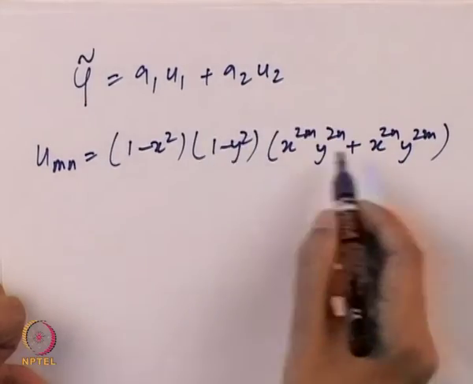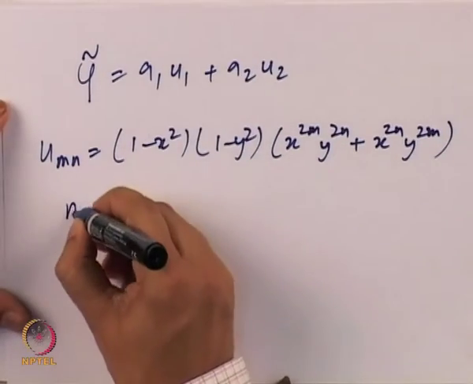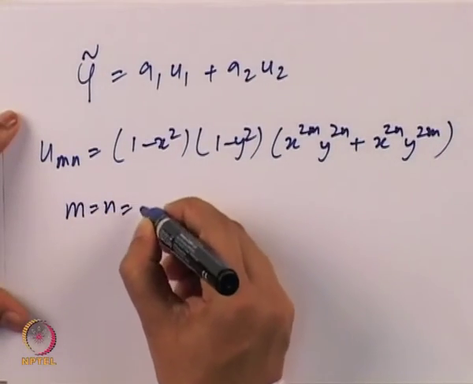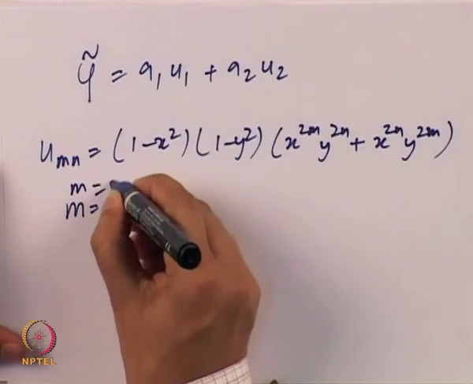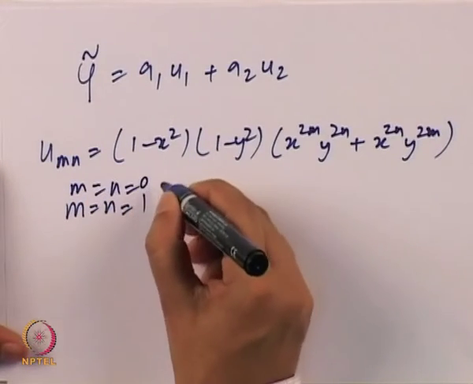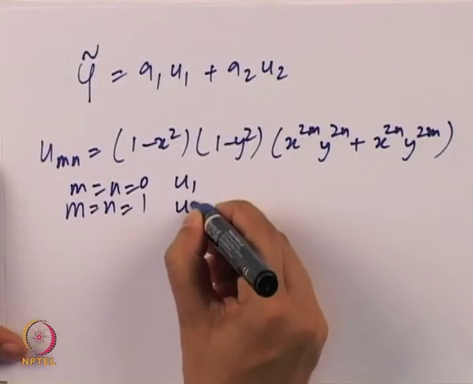So you are substituting m equal to n equal to 1 for the first case, and m equal to n equal to 0 for the second case.